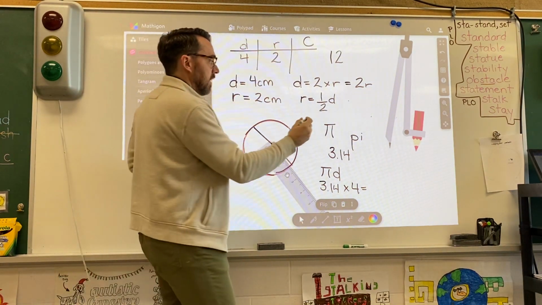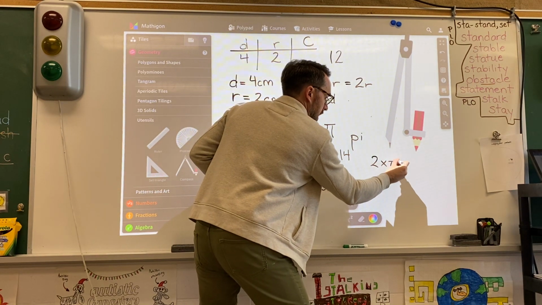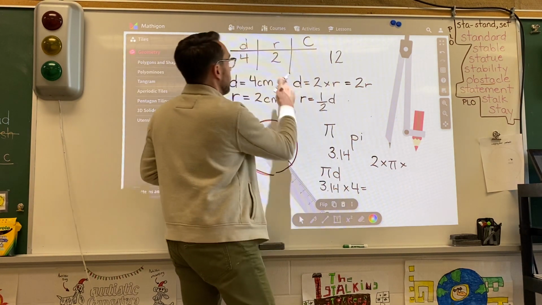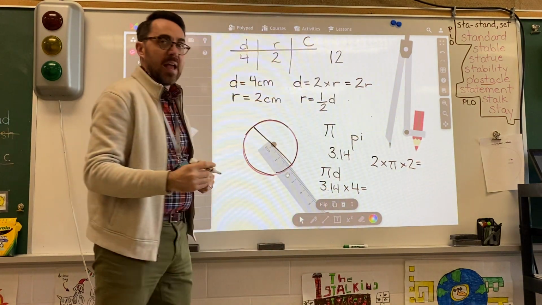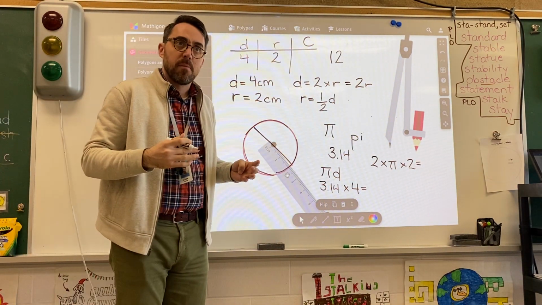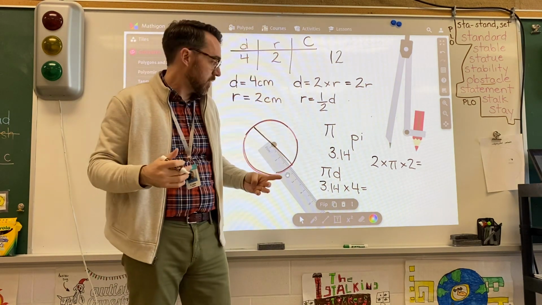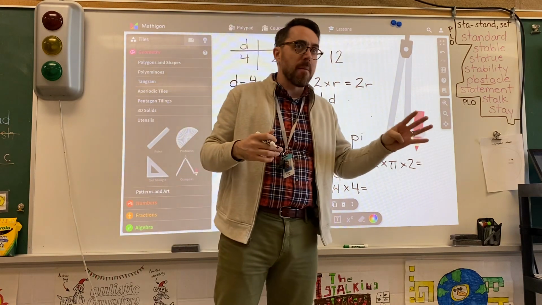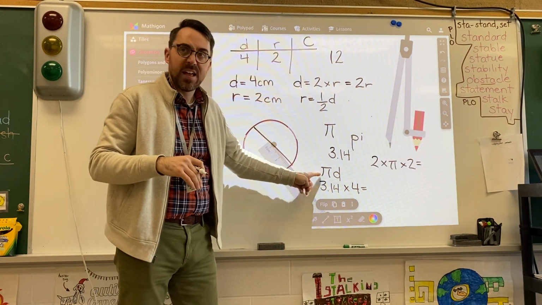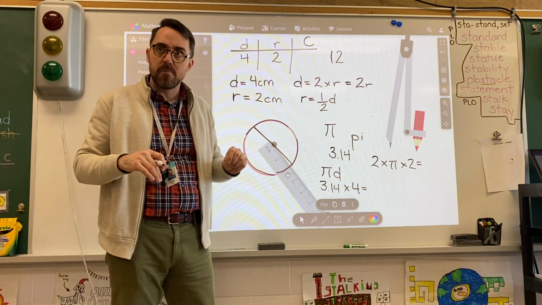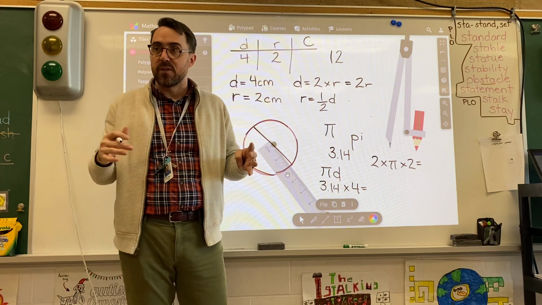So I can do 2 times pi times my r, which is 2, and get my answer, right? Because I know that diameter is 2 radiuses. So if I have diameter or I have radius, and I know pi is 3.14, I can times that to find the circumference.